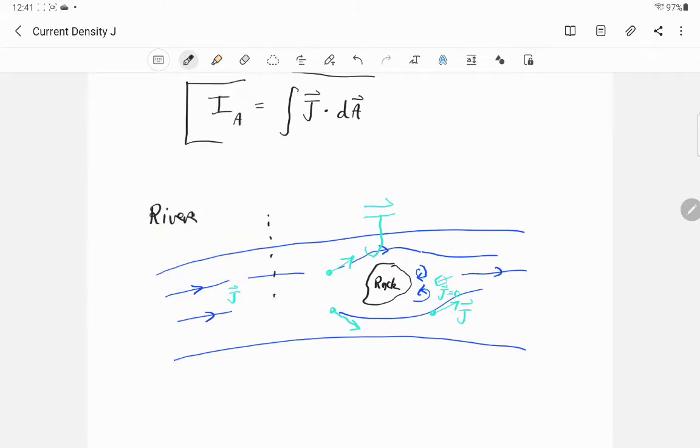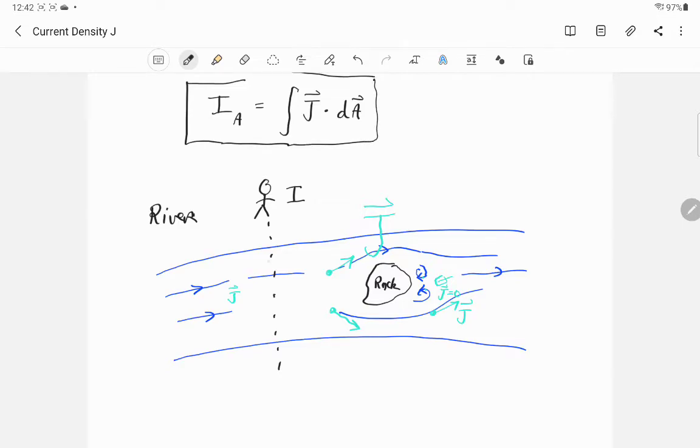But overall, if you imagine drawing our little ammeter line, and having somebody count the gallons of water passing by, they should be able to describe a current that flows past their boundary line. And the way that this person counts up the current is this way.